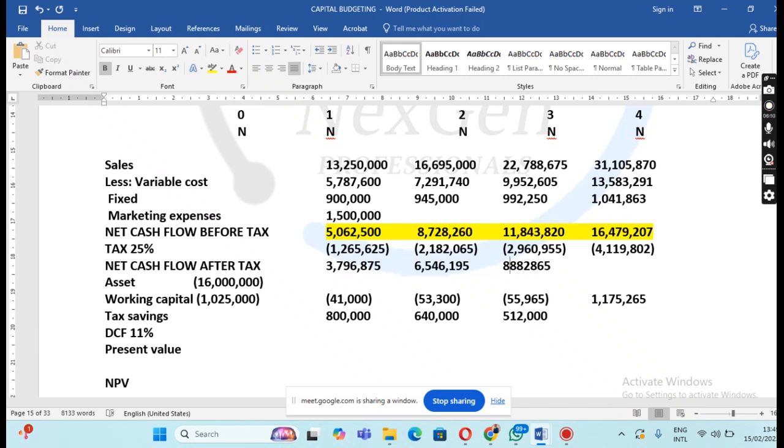Right, please, someone else should confirm the figure. Next, 12,359,405. Please, someone else should confirm the figure.